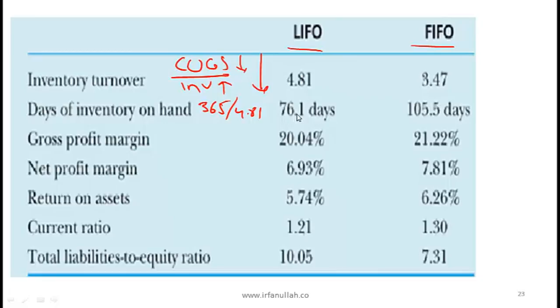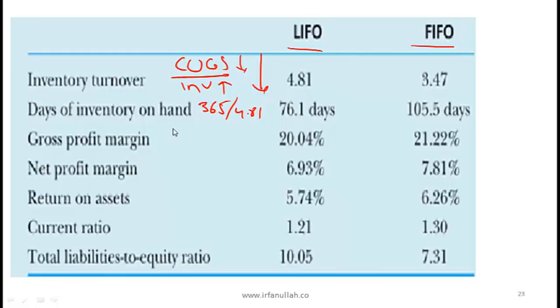So then they go back and say 2008 is a leap year, so it is 366 divided by 4.81, in which case you will get exactly this. I doubt that on the exam they will do something like that with you. But fundamentally it is 365 divided by inventory turnover. What's the interpretation of days of inventory? It is a measure of roughly how long you keep your inventory. So lower is better. Obviously this is simply an inverse of inventory turnover.